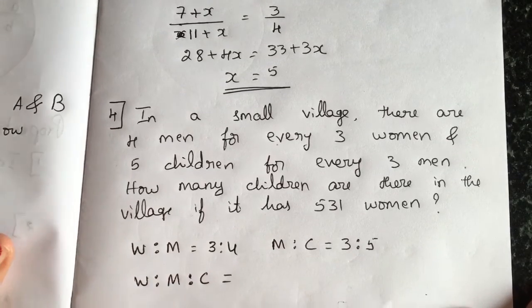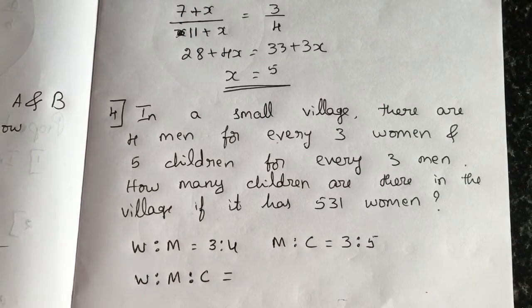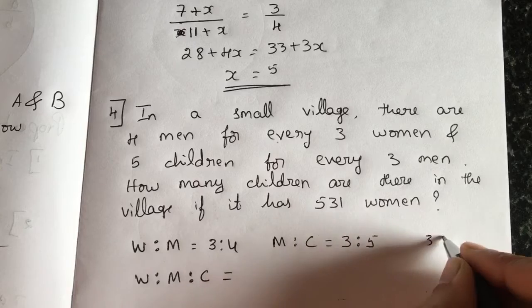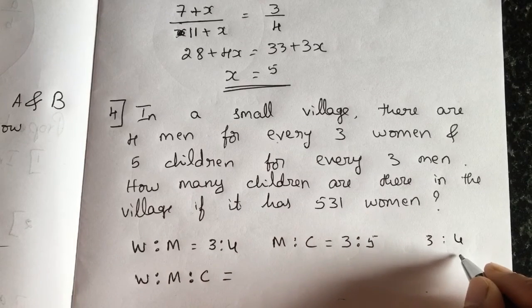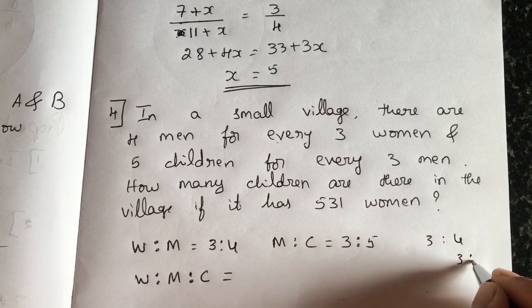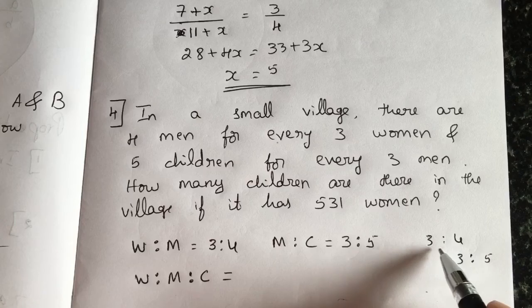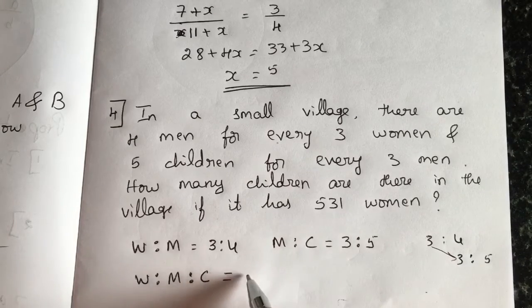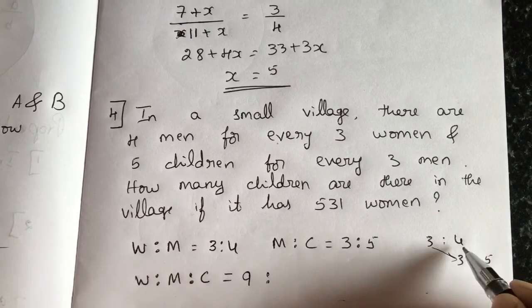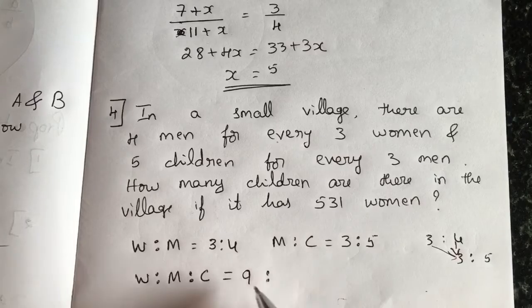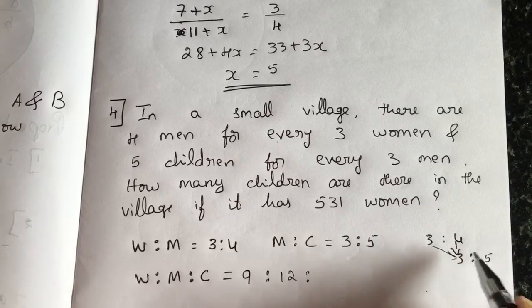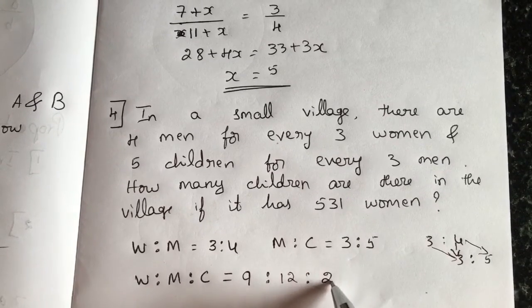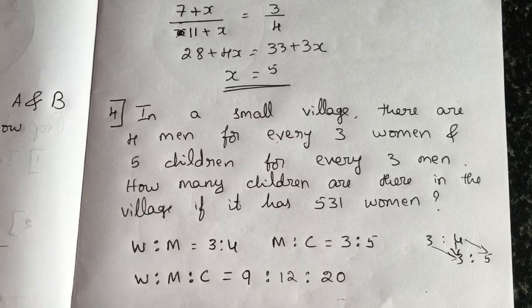First you multiply these two, that's 9. After that you multiply these two, it's 12, then you multiply these two, that's 20.